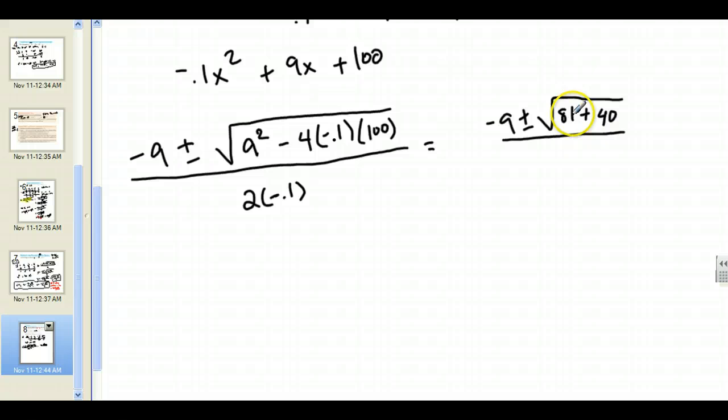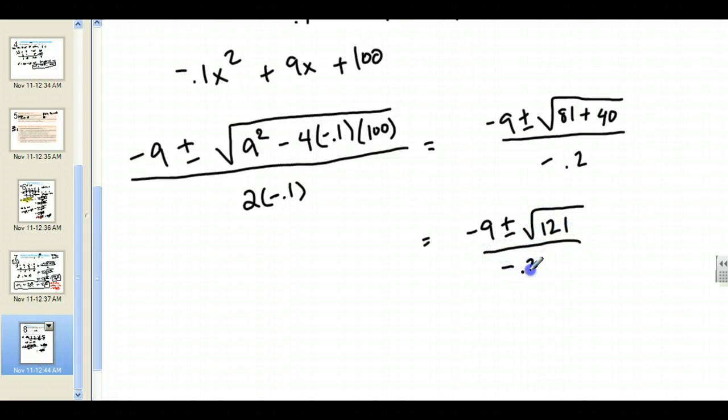Alright, 9 squared is 81. Negative times a negative is a positive, and then 4 times a tenth times 100 is 40. And then on the bottom we've got that negative 0.2. Then negative 9 plus and minus the square root of 81 plus 40, which is 121, over negative 0.2. 121 is a perfect square. That's the square of 11. So the square root of 121 is 11.